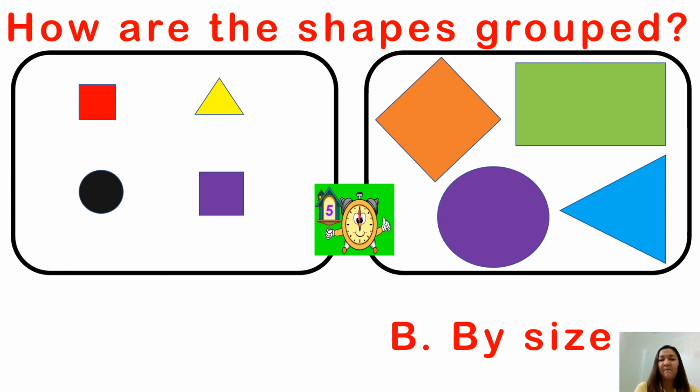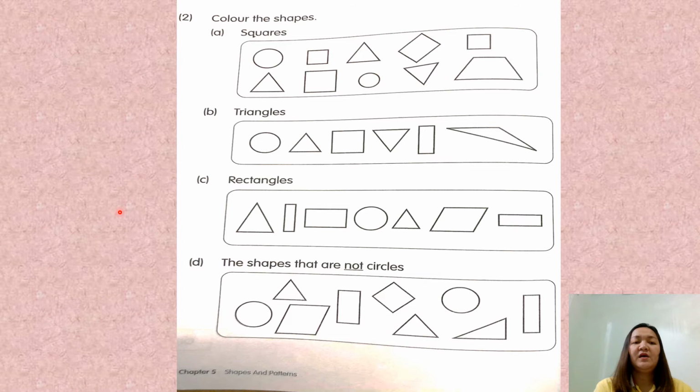Letter B, by size. Okay, so for your homework, color the shapes. Letter A, squares. Color all the squares. B, triangles. C, rectangles. And letter D, the shapes that are not circles.